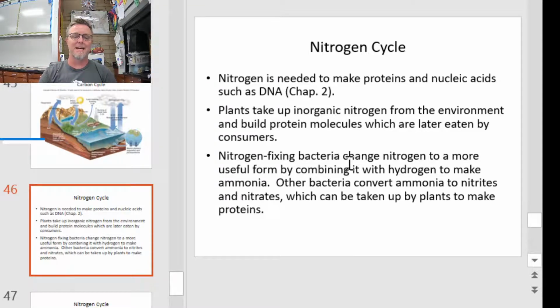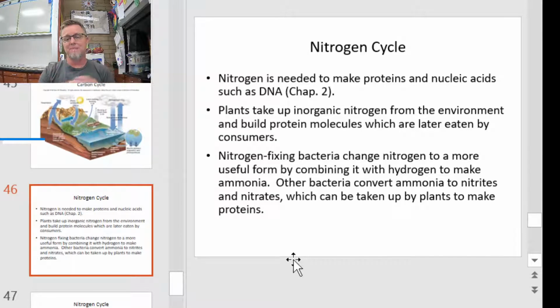Next cycle is the nitrogen cycle. Nitrogen is needed to make proteins and nucleic acids like DNA, which you learned way back in chapter 2. Plants take up inorganic nitrogen from the environment and they build proteins which are later eaten by consumers. Now, to get at that nitrogen, really what you need is a symbiotic relationship between plants and bacteria, nitrogen-fixing bacteria.